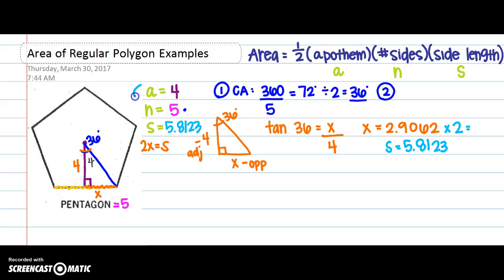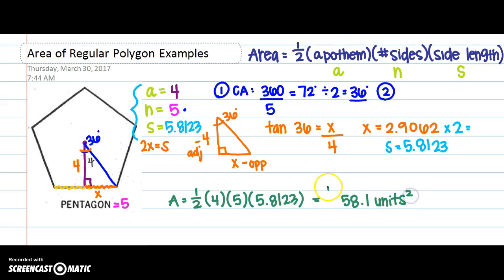Since I have all three things, now I can plug into my area formula: 1/2 times the apothem times my number of sides times my side length. When I put all of that into my calculator, I come up with an area of approximately 58.1 units squared.